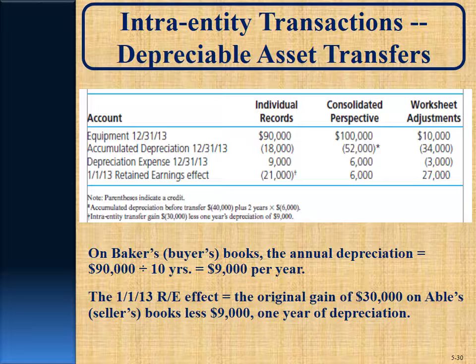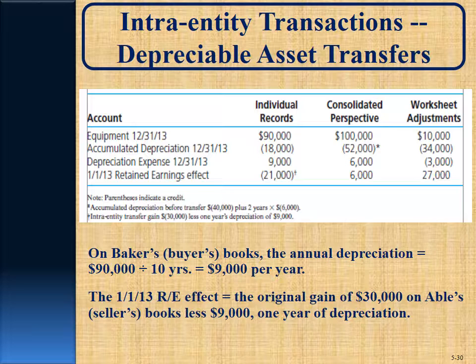I hope that makes sense. So what do we have to do? We have to eliminate $27,000. So that will be your journal entry for moving forward.